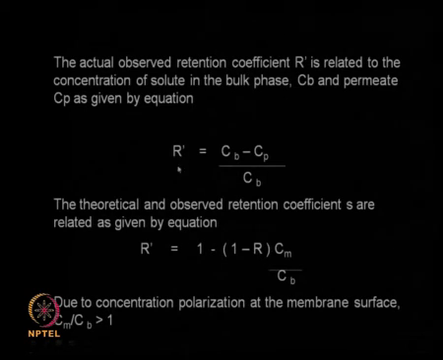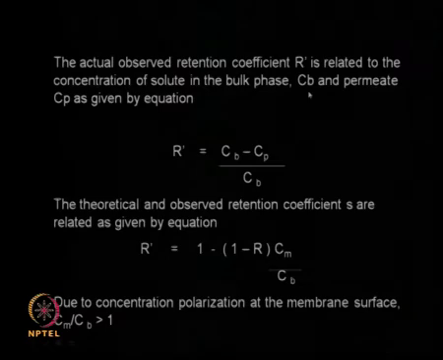So, you can have another term called R dash, which is the actual observed retention coefficient. Now, this R dash is based on Cb, that is the concentration in the bulk phase, and we just talked about the concept of concentration polarization, and we also said Cb will not be the same as the concentration in the upstream very close to the membrane; the concentration very close to the membrane must be much higher than Cb, right.